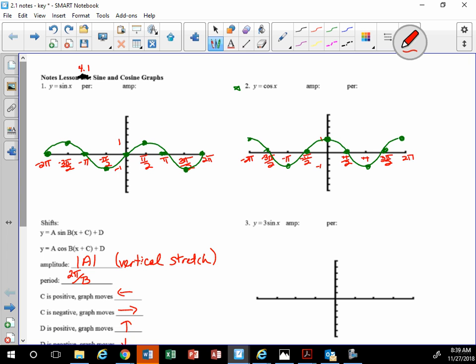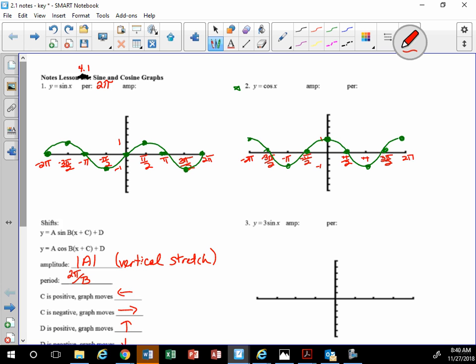So let's look back at our parent functions again here and see if we can see some of this stuff. So I asked you on the first one the period and the amplitude. What do you think those are for this parent graph? You already told me what the period was, right? It's just 2 pi.